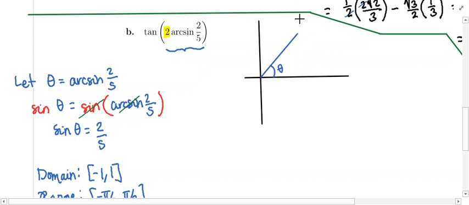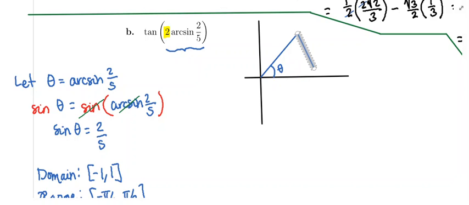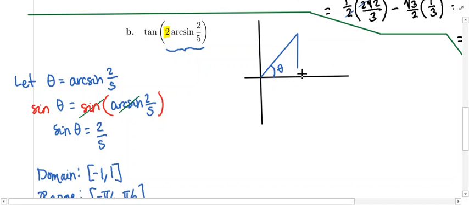We're going to make a right triangle like this. Draw down to the x-axis, and there's your right triangle. We know that the sine of theta is equal to 2/5. Sine is equal to the opposite over the hypotenuse, so this is going to allow us to label the sides.